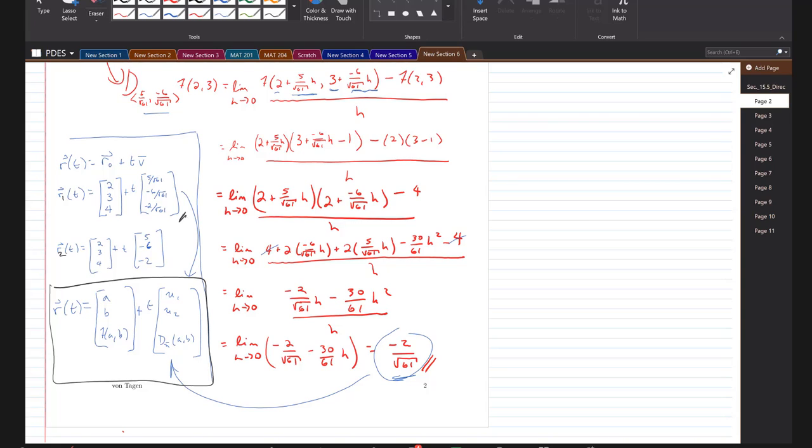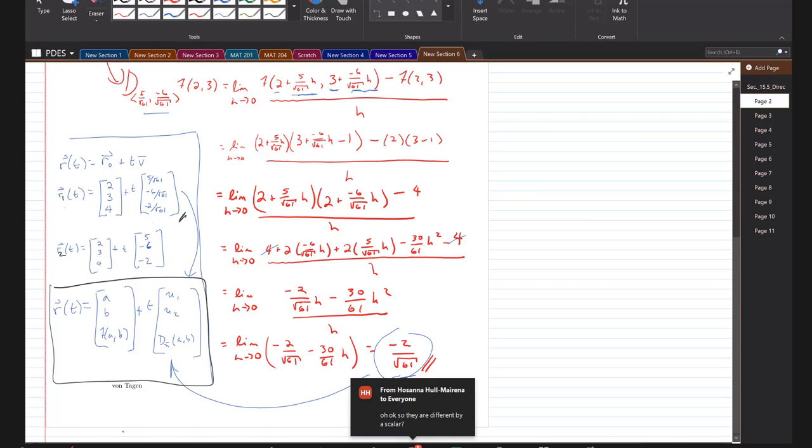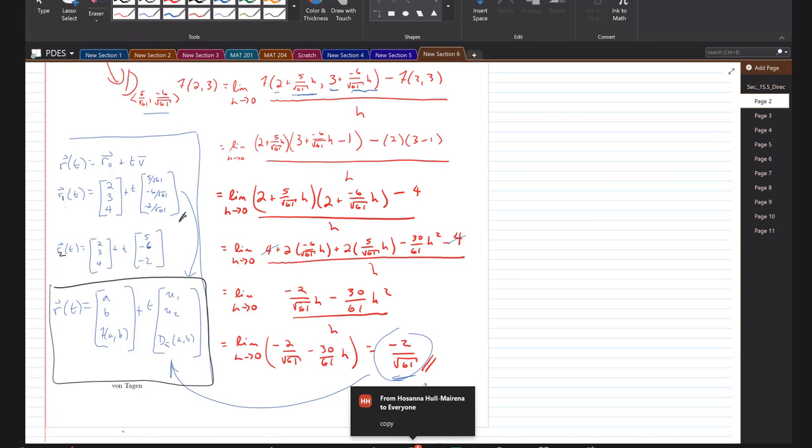Don't think of it as I took this line and manipulated it. It's that this is another vector in the same direction. Yes, they are different only by a scalar, and so they are the same line. So these two lines differ only by the direction vector, but the two direction vectors are parallel to one another, so it's going to give me the same line. Yeah, great question.